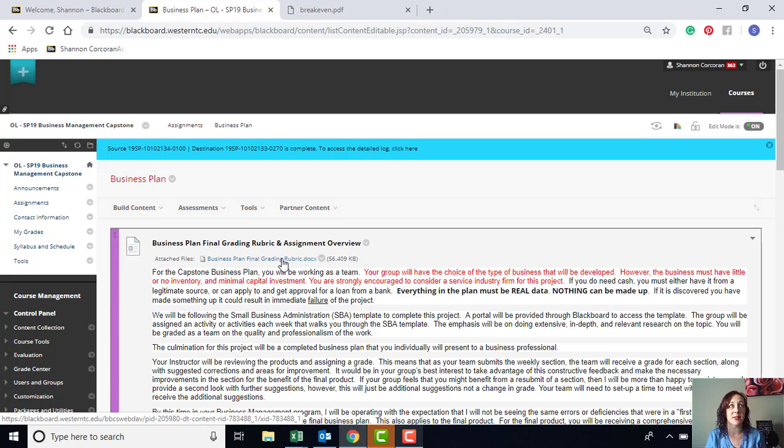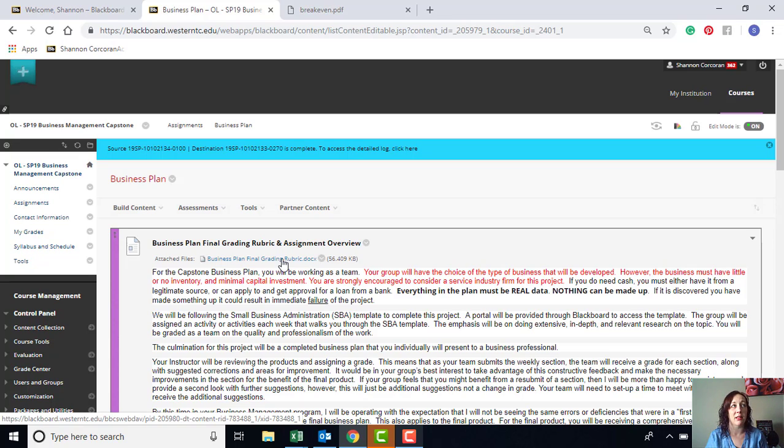When you're doing this business plan, it's strongly encouraged that you have little to no inventory. If you have inventory for your business, that is a lot of additional financial information that you're going to need to consider. You also want minimal capital investment. So starting a gym is not a good idea for your business plan for this class. Starting a gym, you're looking at $100,000 minimum for a workout facility that doesn't even basically have any equipment except for some free weights.